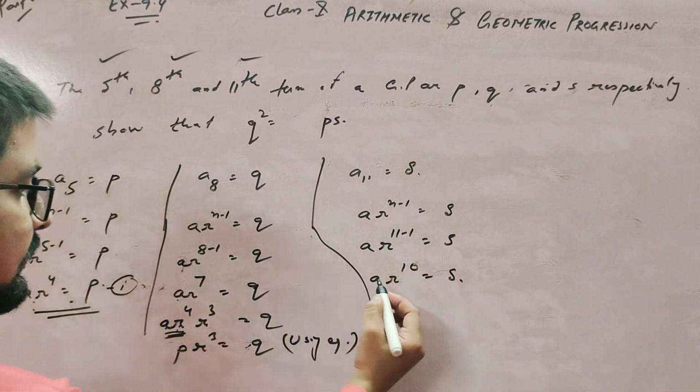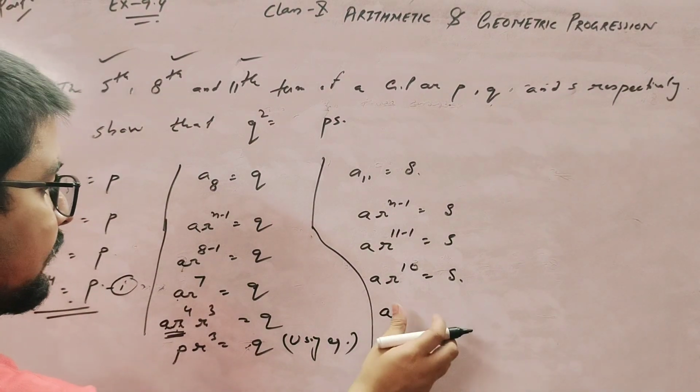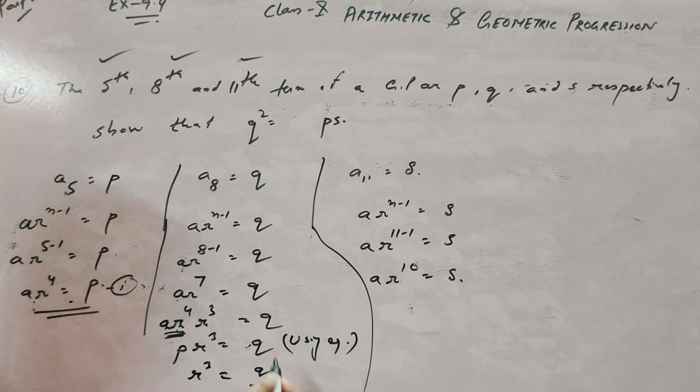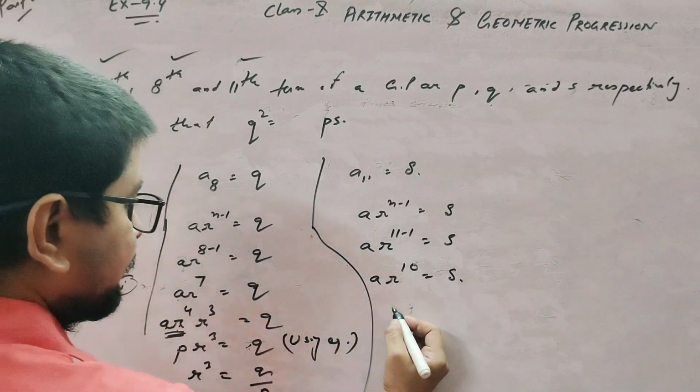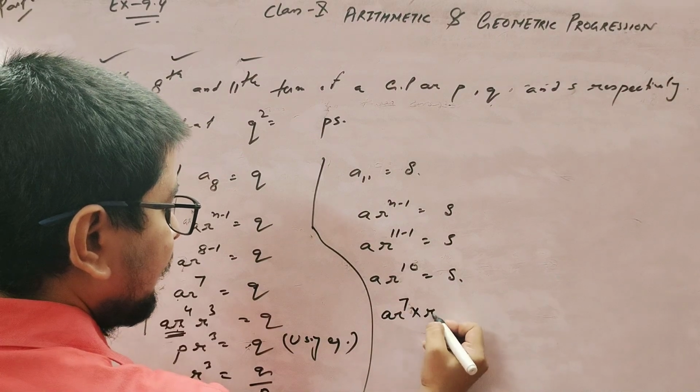Okay. First of all, find the value of r^3. From here, the value of r^3 is Q by P. Okay. So ar^7 and r^3 we write down.